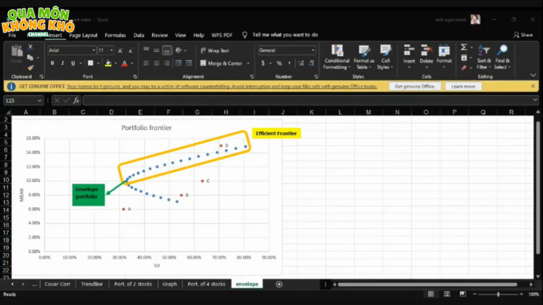If I put 100% of my money into stock D, we just create a portfolio outside the envelope. Why does that happen? I think when we mention a portfolio, we have to invest in at least two assets. So if you just do one of them, it's no longer a portfolio anymore.